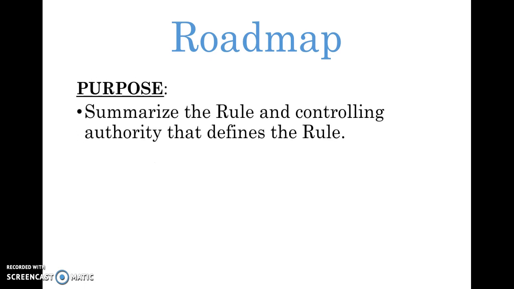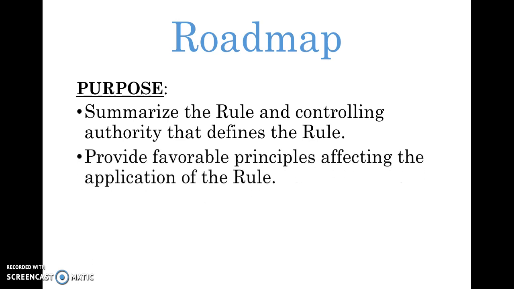And you can use the roadmap for a variety of reasons. The roadmap should include a summary of the rule and controlling authority that defines the rule. And when I say big R rule, I mean the overarching rule, including all the factors and elements involved in that big overarching controlling rule.